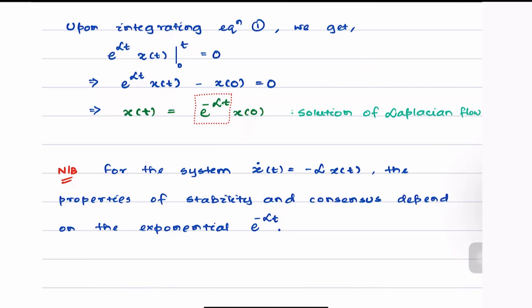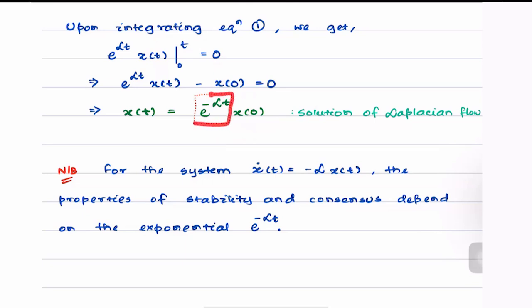Notice here that all of the x zeros need not start at the same value, meaning all of the entries here may not be the same. Still, if you want to achieve consensus, then somehow e raised to the power minus Lt, when multiplied with this, should give us a vector all of whose entries are the same, meaning that we have achieved consensus.